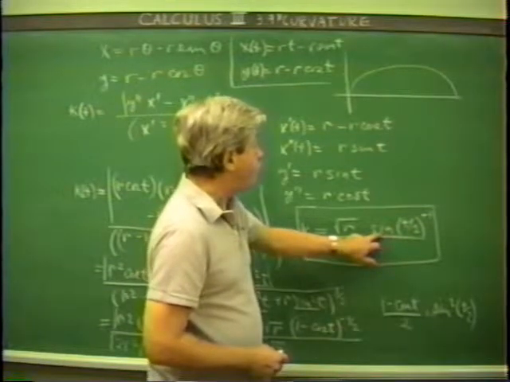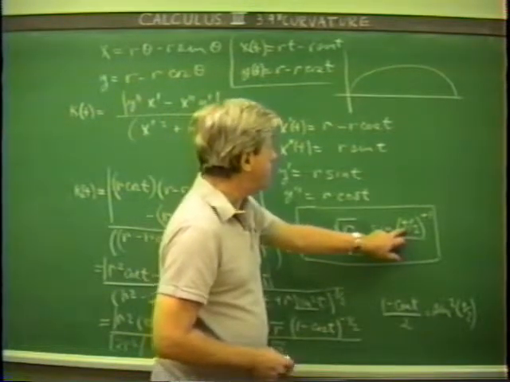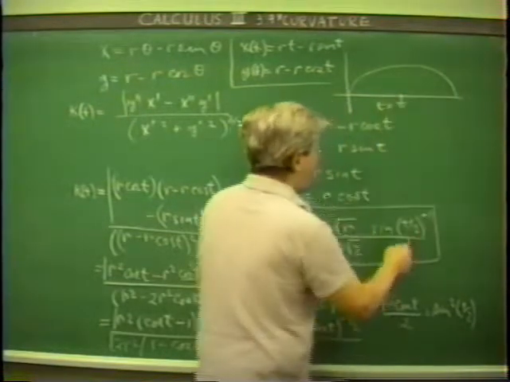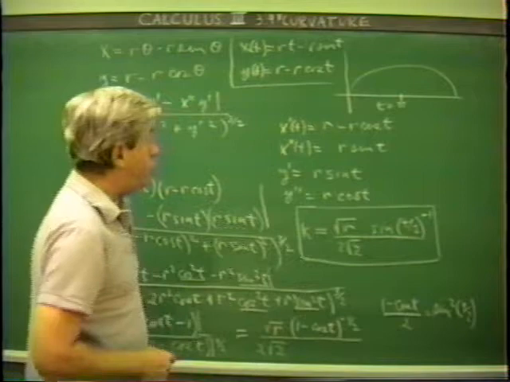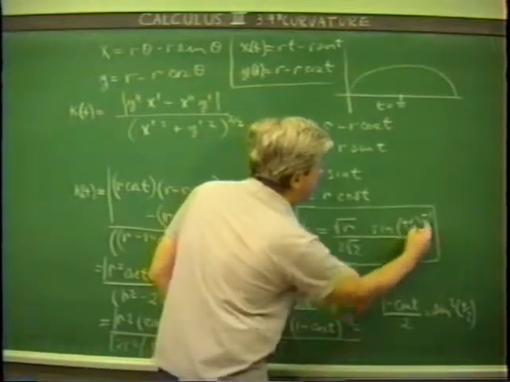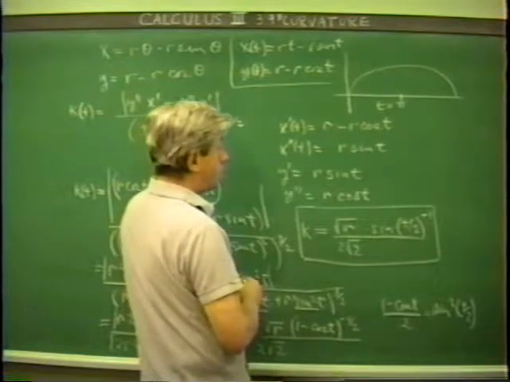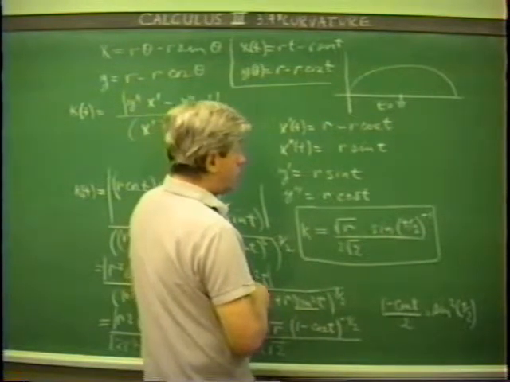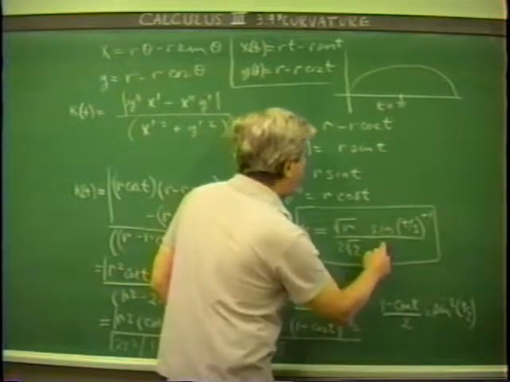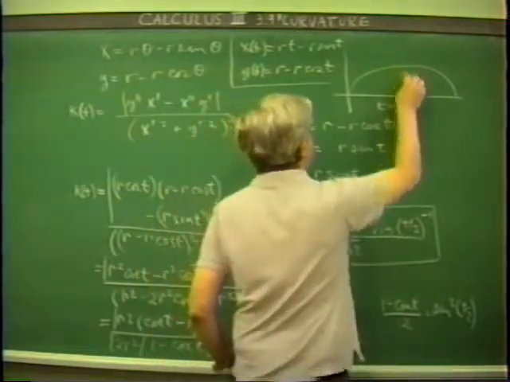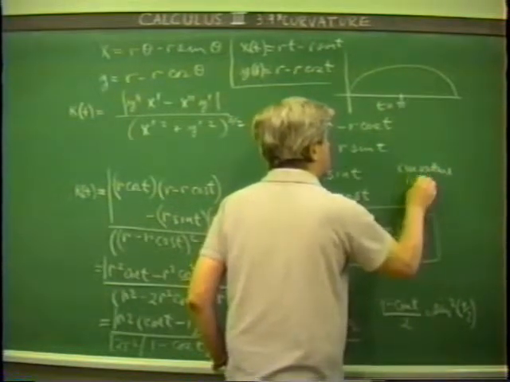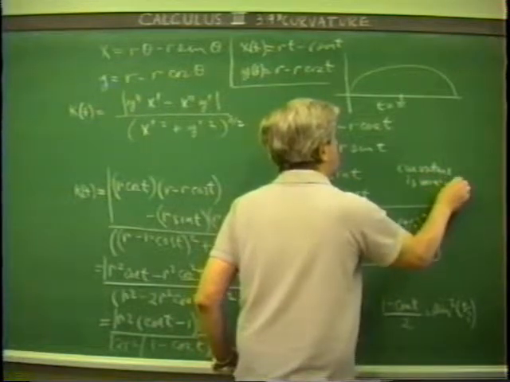And I guess the thing that you can notice from this is that when t is equal to pi, that's to say at the middle here, t equals pi, and the sine is going to be equal to 1, and that's going to make this quotient, since this is sine to the minus 1, as small as possible, so that the curvature is minimal.